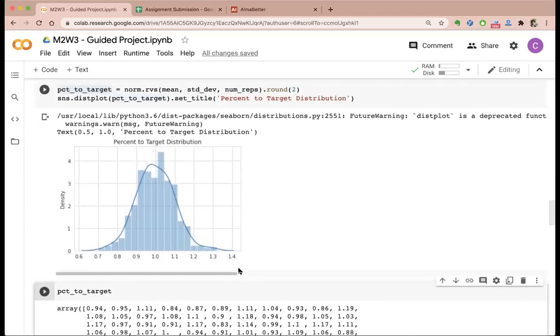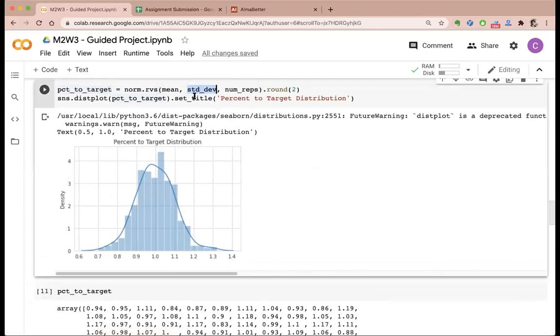When I am taking these types of random samples, could I have gotten a number which is, let's say, minus 200? I have a mean of 1 and a standard deviation of 0.1. Could this PCT target at any point give me a number which is minus 200?